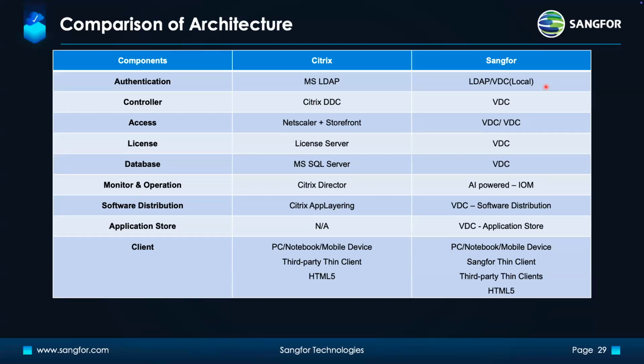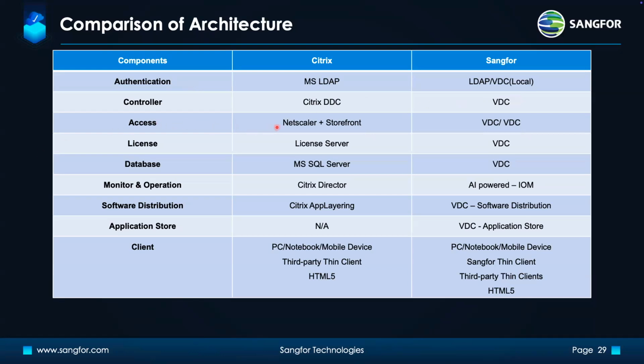So we support LDAP, which can be Microsoft AD, and also our local authentication, which can be managed via the VDC itself. The controller, in Citrix, is known as Citrix controller. In Sangfor, we have it in the VDC itself.